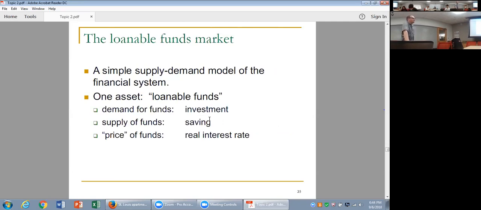So this is where I'll stop, and this is a convenient point to pick it up, because we need to finish this discussion by talking about the loanable funds market. Basically, what we did today is we talked about the supply side of the economy, the demand side of the economy, and how everything is brought into equilibrium with the interest rate. Now we need to talk about how the interest rate is determined.